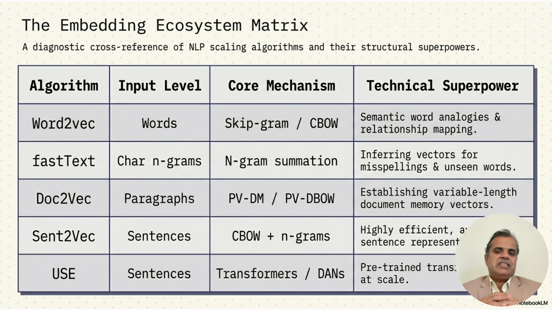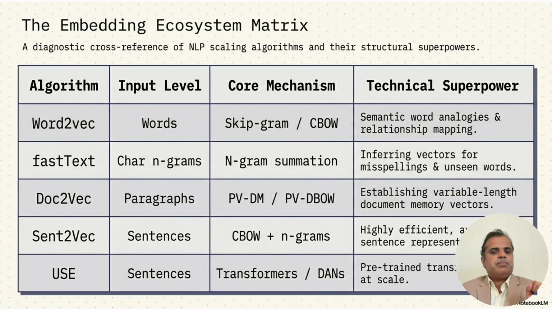To summarize our journey through chapters 5 and 6, we can look at this embedding ecosystem matrix. Each algorithm serves as a specific technical superpower. Word2Vec is our foundation for semantic analogies. FastText is our safeguard against misspellings and unseen words.